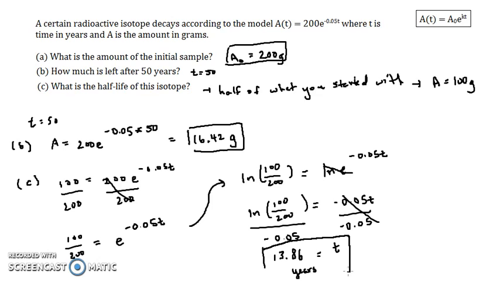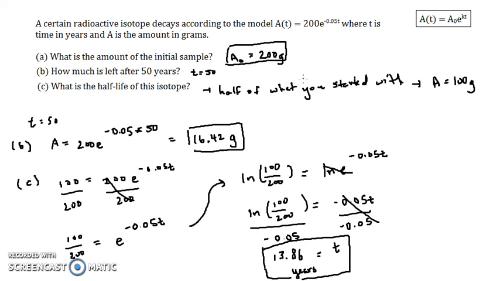It's going to take almost 14 years to get to half of what we started with. So 14 years will have half, 28 years will have a fourth, another 14 years is 42, and we're going to have an eighth, and so on. So it's going to cut in half every 14 years.